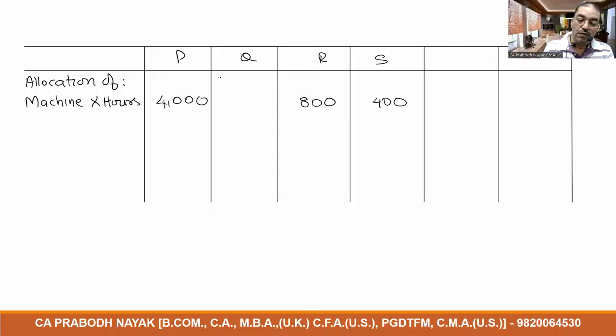For this, I told you 11.11 into 12, which is 133.32. So tell me how much of the hours of machine X is utilized, the machine utilization. Total of all this: 4,000 plus 1,200 is 5,200, then 5,333.33. Just check the calculations.